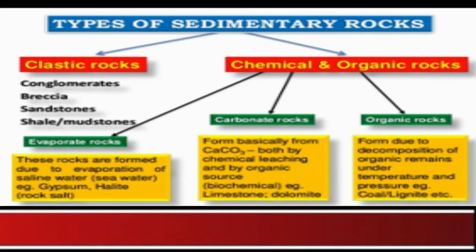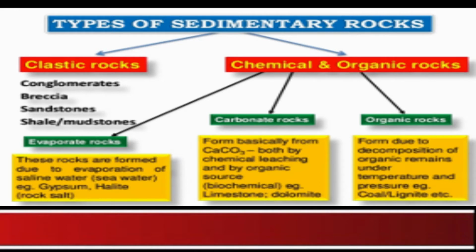And carbonate chemical sedimentary rocks, these are formed basically from calcium carbonate such as limestone and the controversial mineral dolomite. Okay? And we have organic rocks.